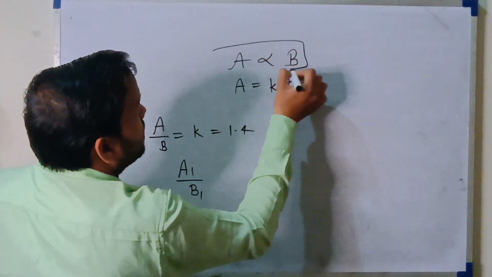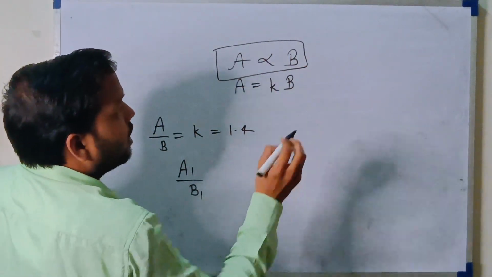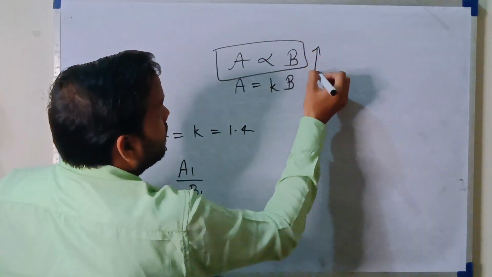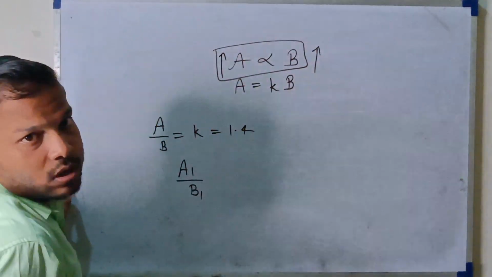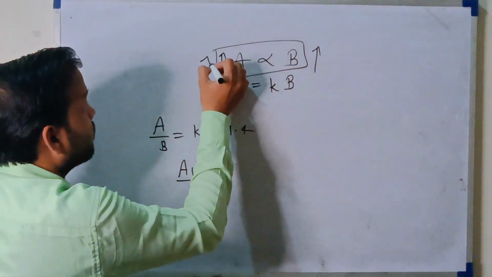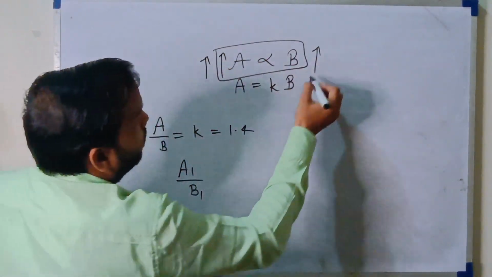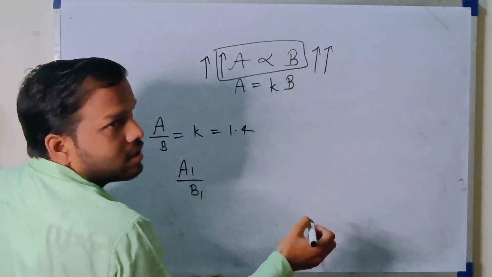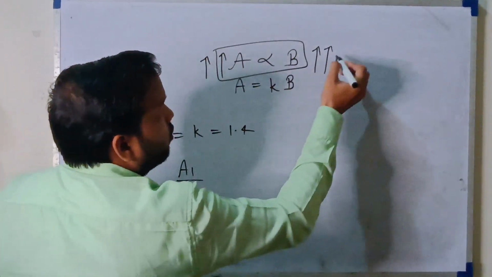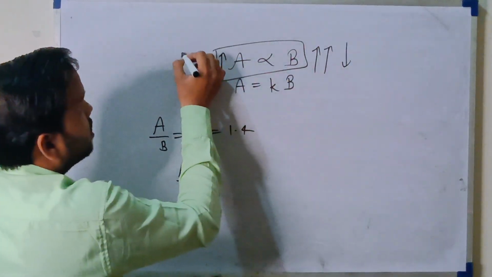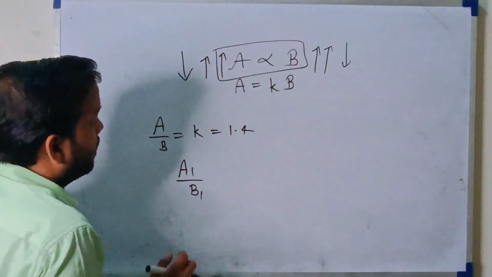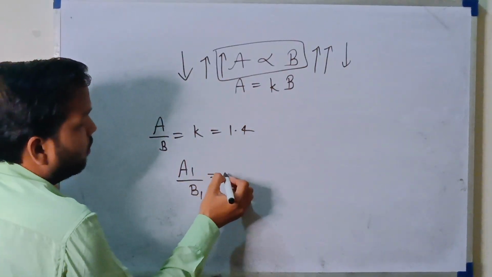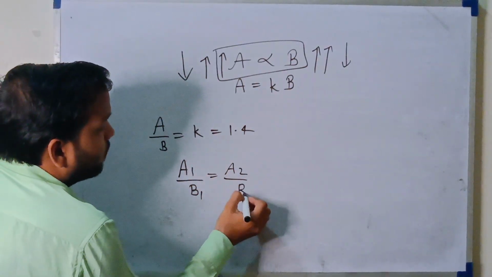This relation says that if you increase the value of B, then there is an increment in the value of A. Or if you increase the value of A, there is an increment in the value of B, right? And vice versa. It means if B decreases, then A also decreases. So A1 upon B1 will be equal to A2 upon B2.